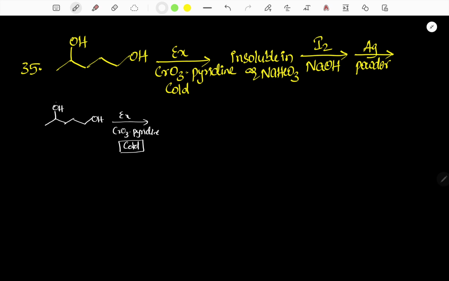So the secondary alcohol undergoes oxidation and the primary alcohol undergoes oxidation. For example, primary alcohol oxidation gives carboxylic acid. But here it is given as insoluble in aqueous sodium bicarbonate, and we know that carboxylic acid is soluble in aqueous sodium bicarbonate. So according to the question, we have to consider only partial oxidation.